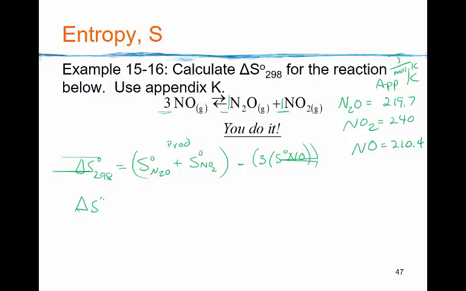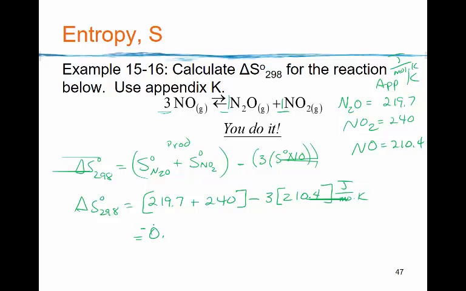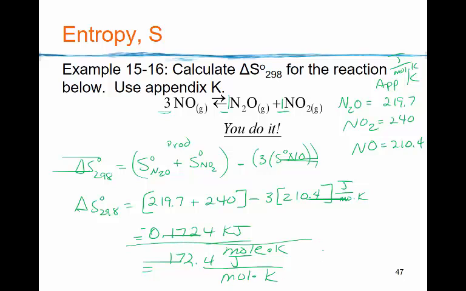So our delta S0 at 298 is going to be equal to 219.7 plus 240 minus 3 times 210.4, and those are all in joules over mole K, and that's going to equal negative again 172.4 joules over mole, or negative 0.1724 kilojoules per mole. Okay? So that's entropy.